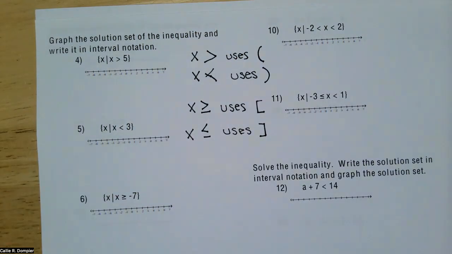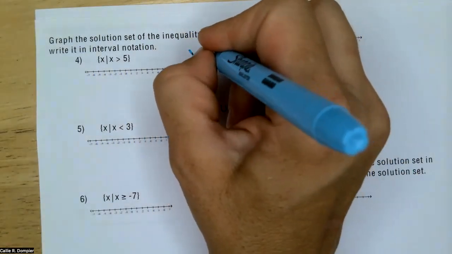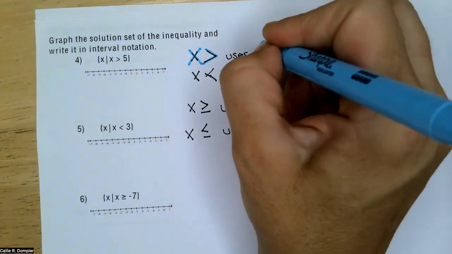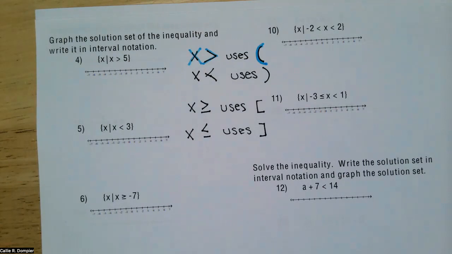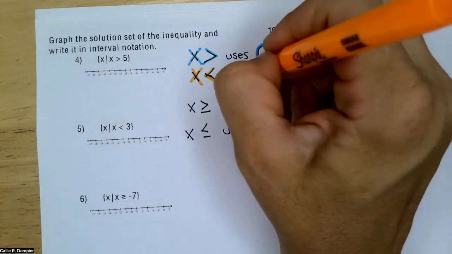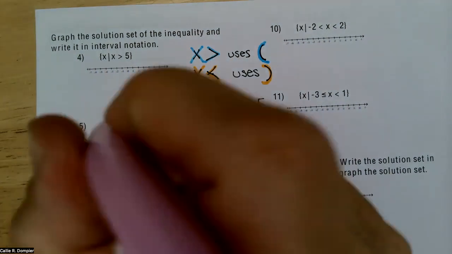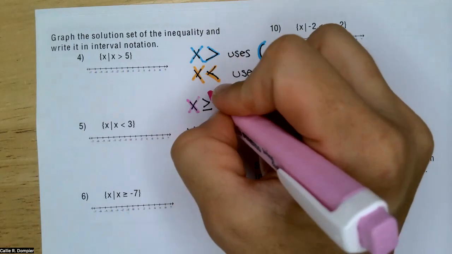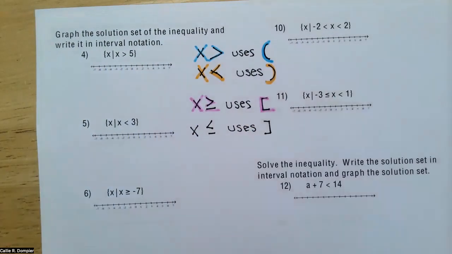All right, so this is when x is on the left. So x is greater than, use that. Your variable is less than, it might not be x, it might be a different variable, uses that close parenthesis. x is greater than or equal to uses a bracket.